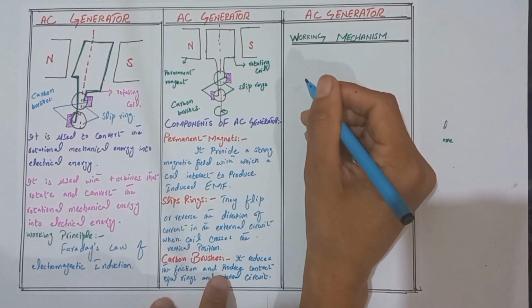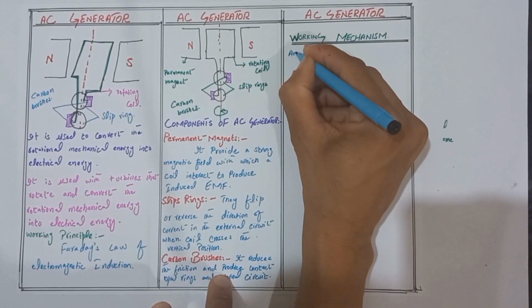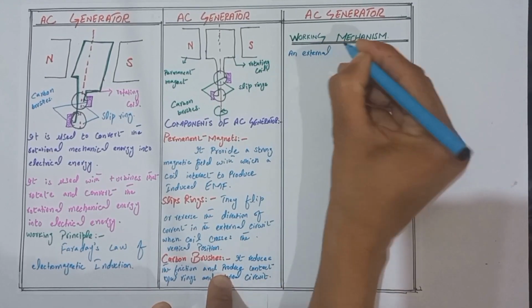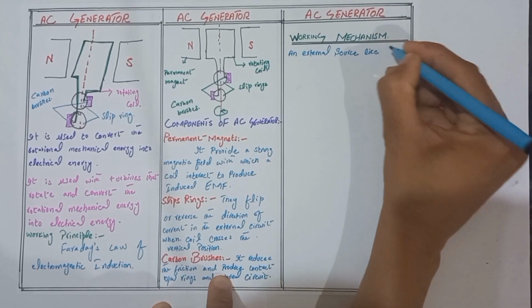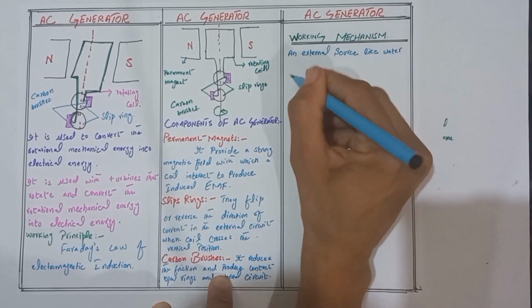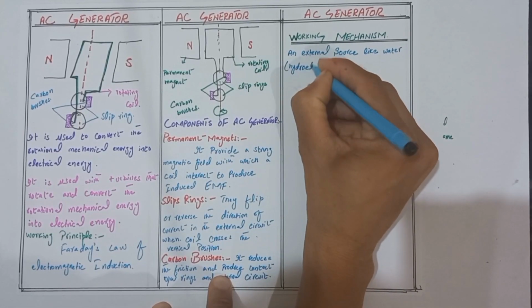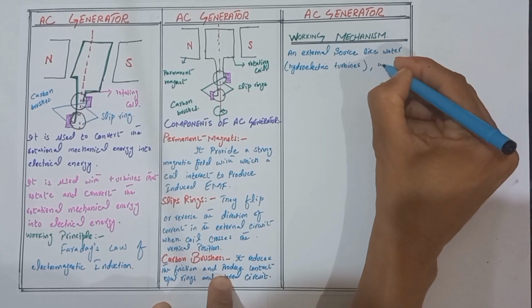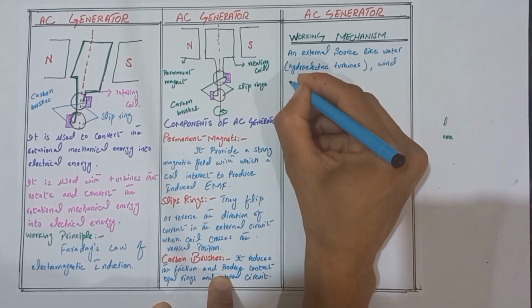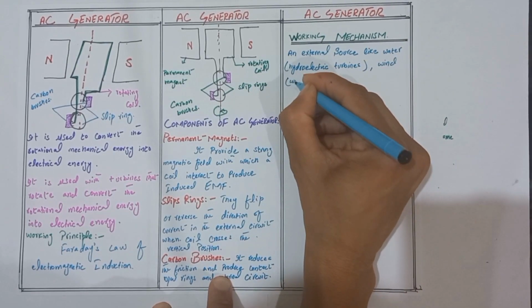Now we discuss the working mechanism. In the working mechanism we use an external source like water, hydroelectric turbines, wind turbines.